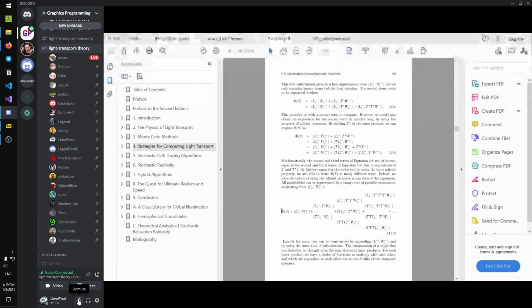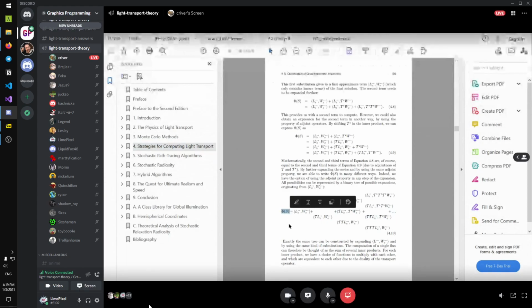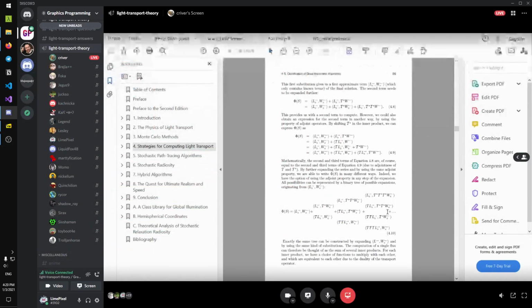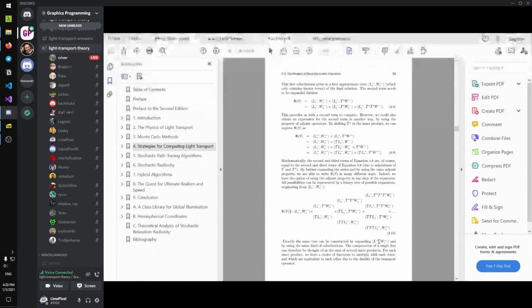Based on that, you can write your solution in different ways, and that's how you get bidirectional path tracing: by considering these different ways to write it, solving them, and combining them at the end. Okay, more questions?